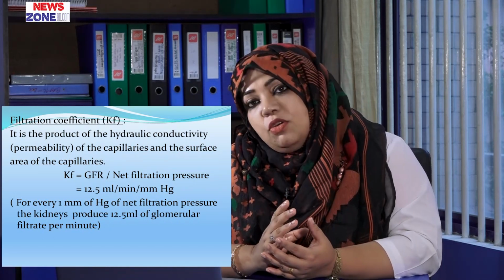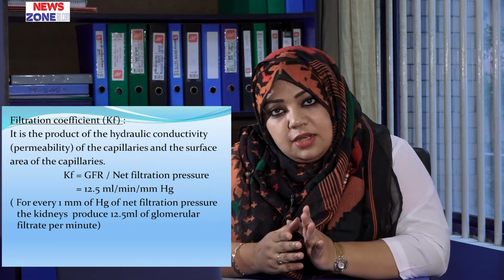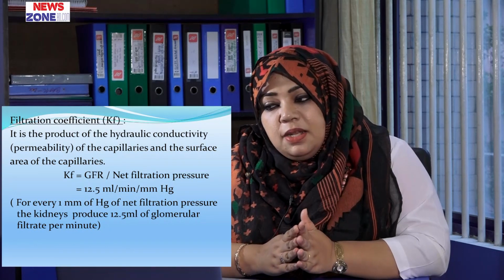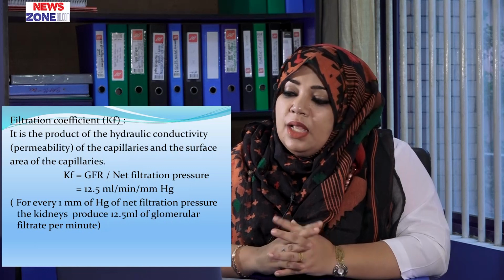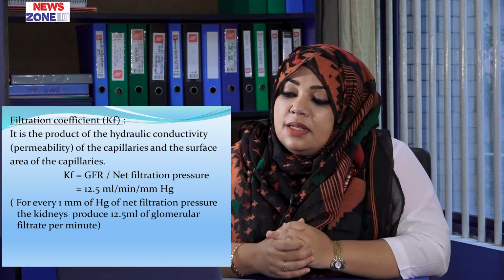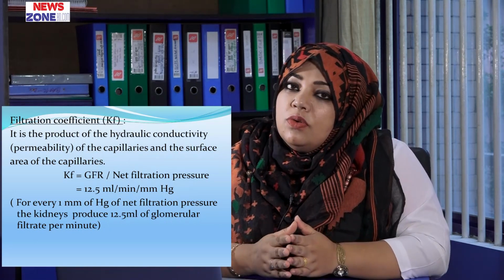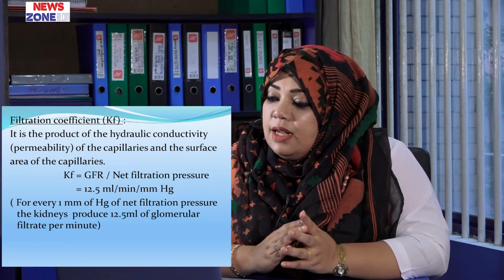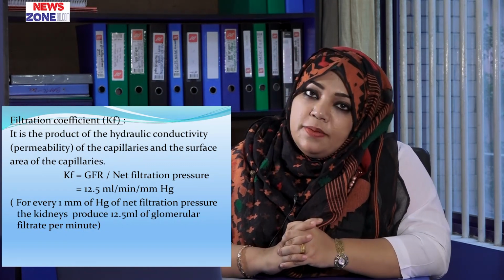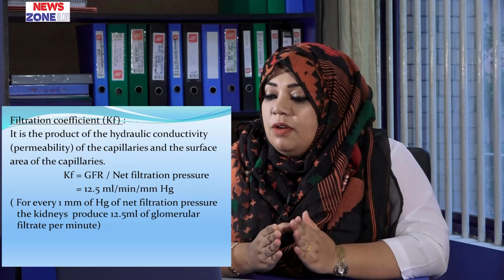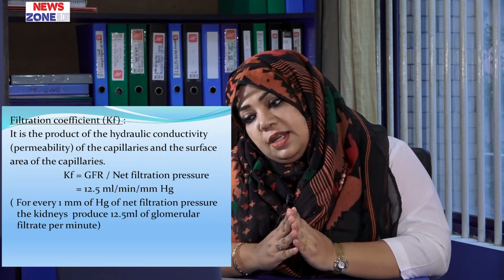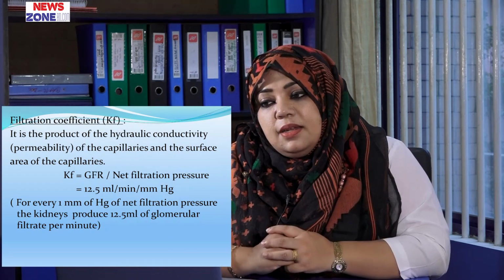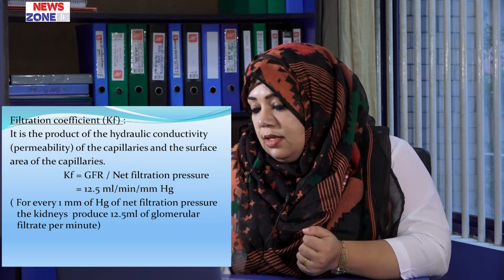So filtration coefficient is the product of the permeability of the capillaries and the surface area of the capillaries. And it is expressed as GFR, that is glomerular filtration rate, divided by the net filtration pressure, and it is about 12.5 ml per minute per millimeter of mercury. So this is another term that you have to understand for further details.